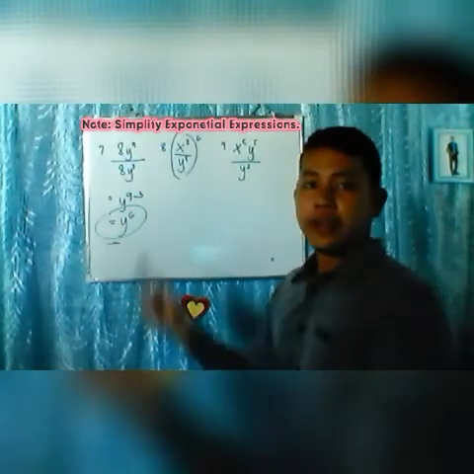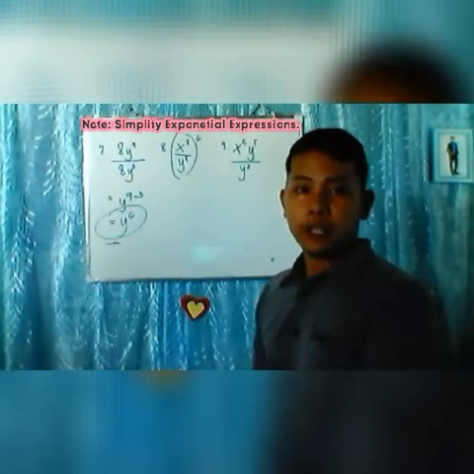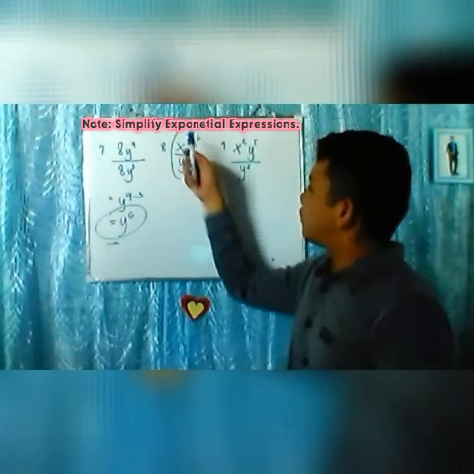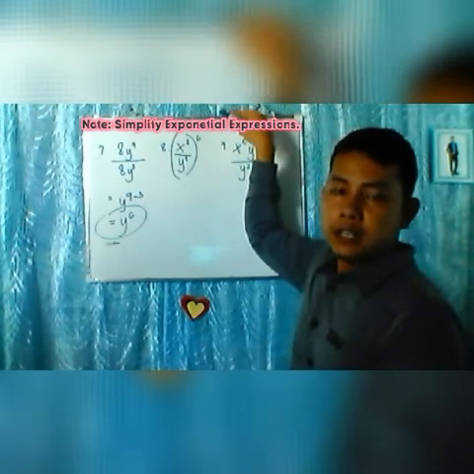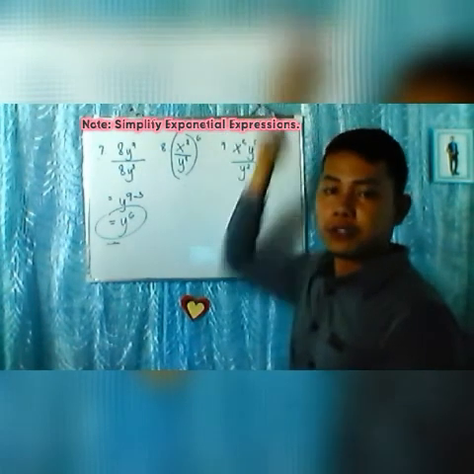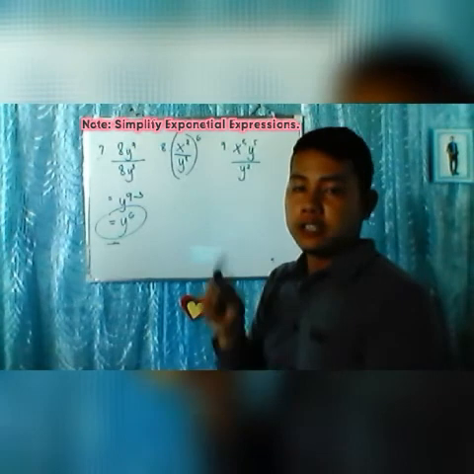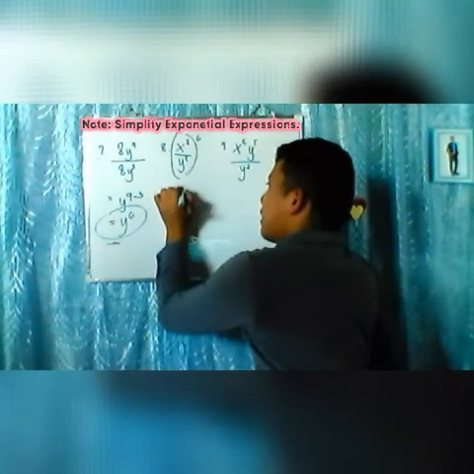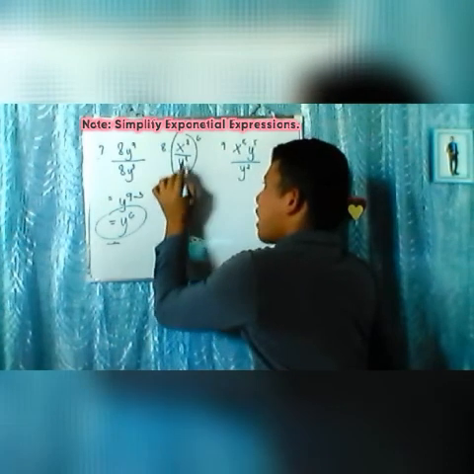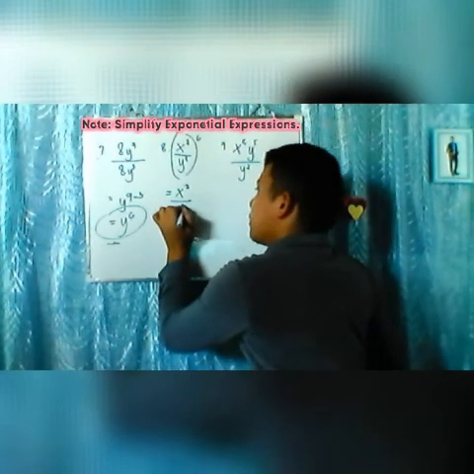For number 8, it involves the law of exponent. As you notice, inside the parentheses there are exponents, and outside the parentheses there is an exponent also. So first you have to distribute the exponent. So x squared, copy, y raised to the power 5.